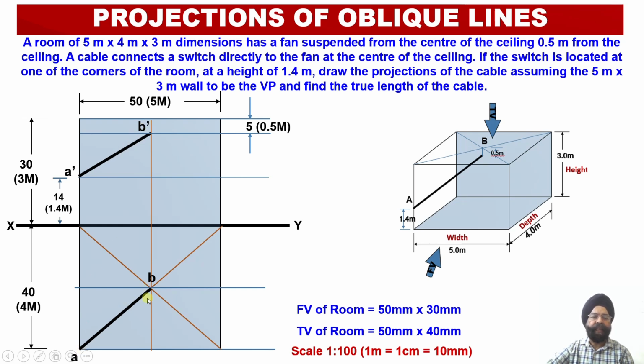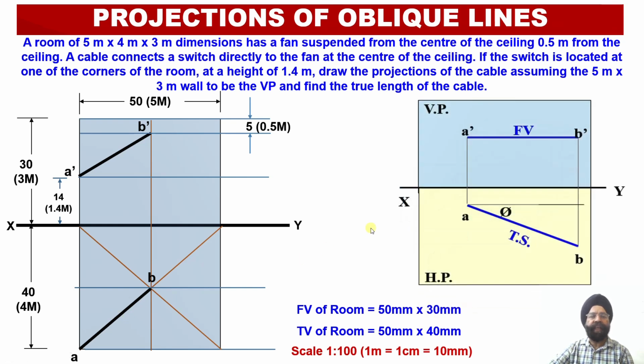Points A, B, that is the top view projections corresponding to this cable AB, they have also been obtained in the top view. Now we have to use the principles of rotation of the line in order to obtain the true length of this particular cable which is going to join this fan with this switch.